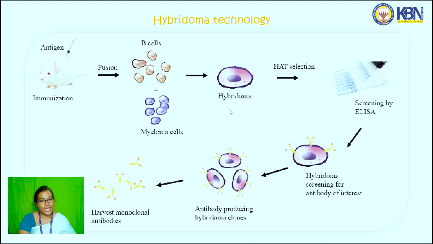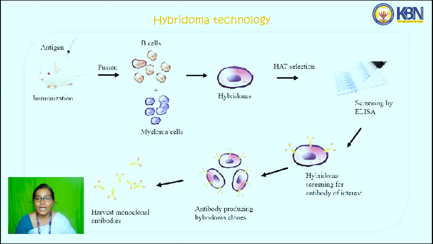As we get hybridomas, we will screen them, because while fusing the cells together in PEG medium, we not only get hybridomas, but we might get combinations of B cells and combinations of myeloma cells as well. But out of all those combinations of cells, we want only hybridomas, a perfect fusion of B and myeloma cells.